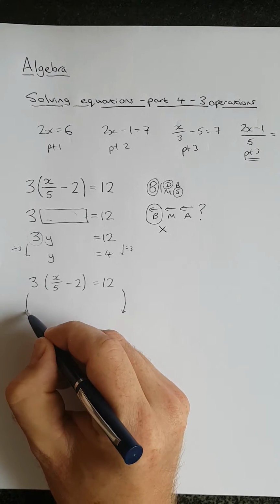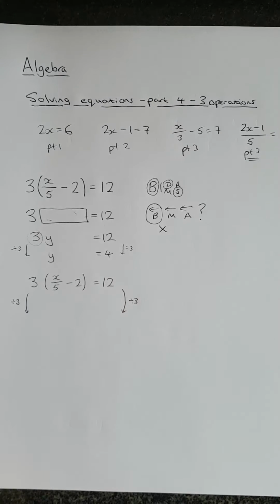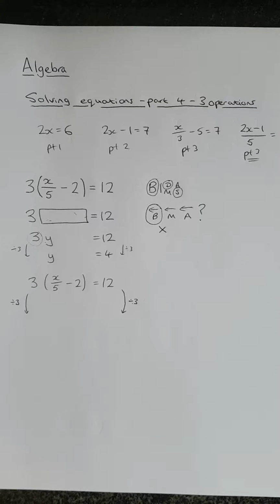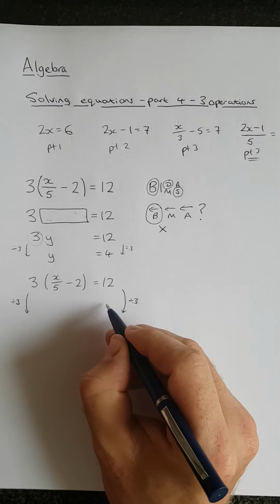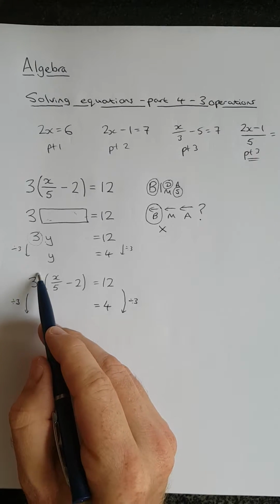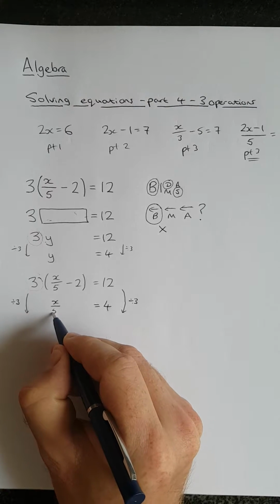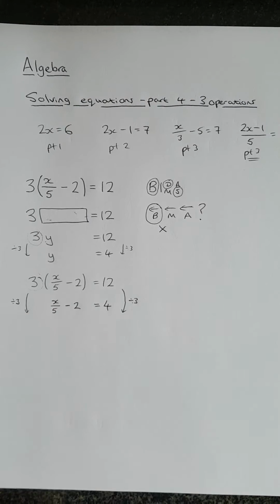I'm going to suggest we divide both sides by 3. This side becomes 4, and over here this multiplied by 3 will be gone. So I'm left with just what was in the bracket.